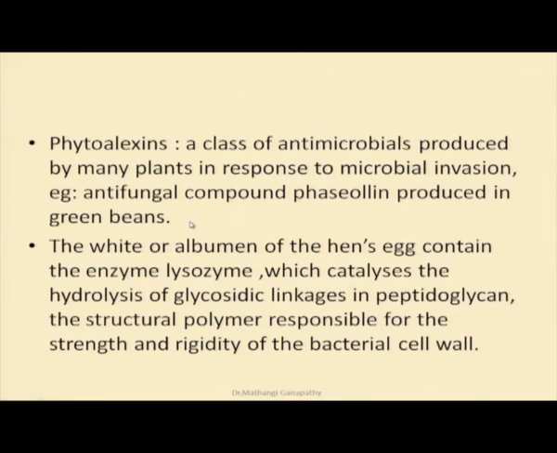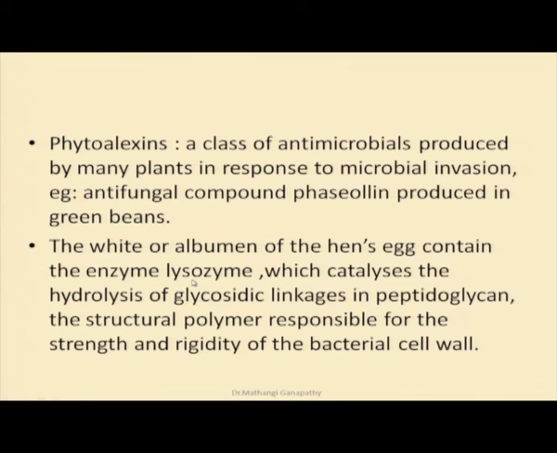The phytoalexins are the second class of antimicrobials, produced by many plants in response to microbial invasion, for example, the antifungal component phaseolin which is present in beans. The white or the albumen of the egg contains the enzyme lysozyme, which catalyzes the hydrolysis of glycosidic linkages in the peptidoglycan layer, the structural polymer responsible for the strength and rigidity of the bacterial cell wall.